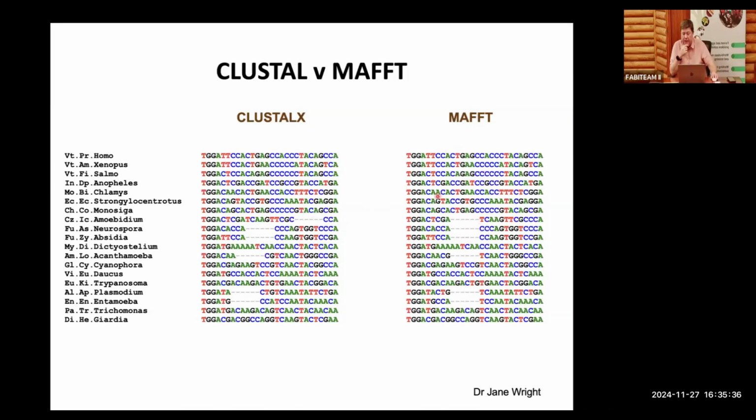And you can see, I hope you can see, one can see the differences in the sequence alignment. So we have a block there, that's the same as in MAFFT, and then we have these positions here.